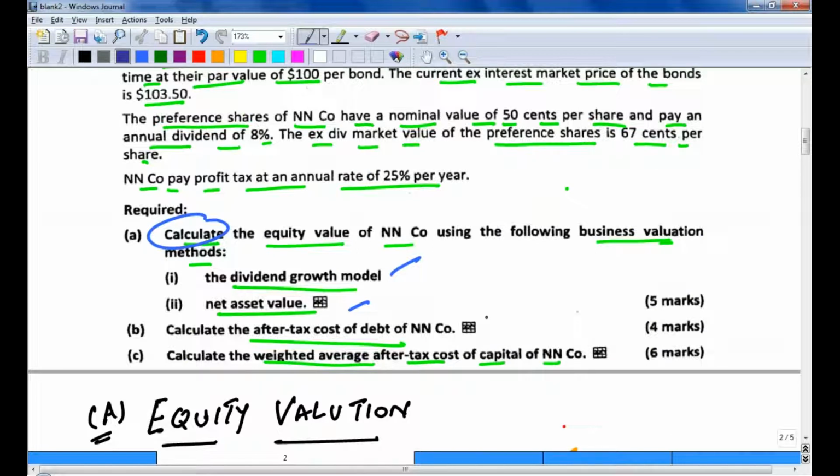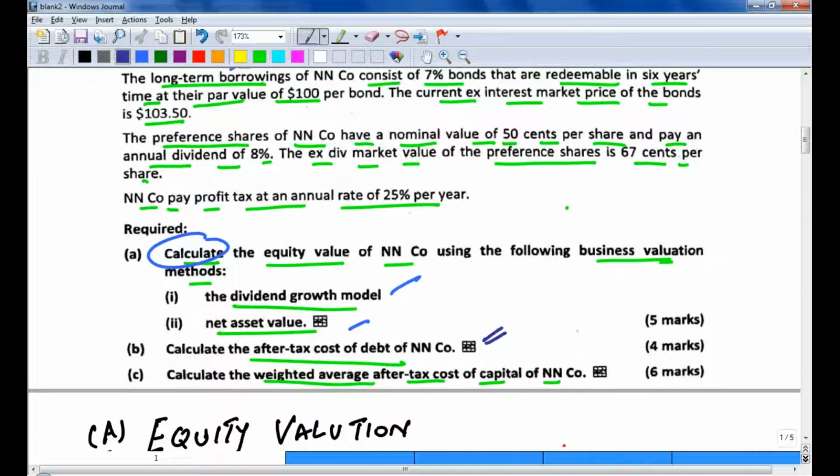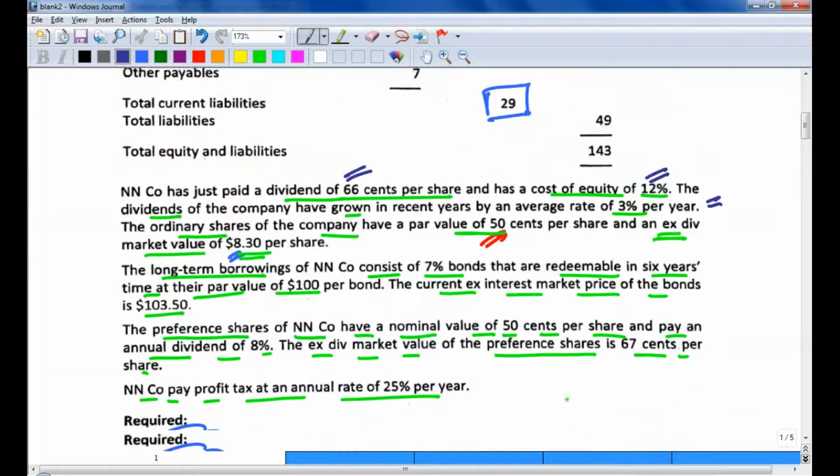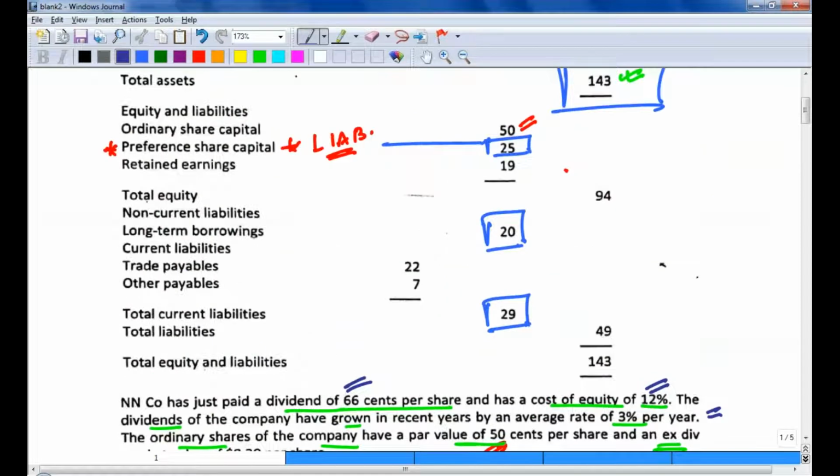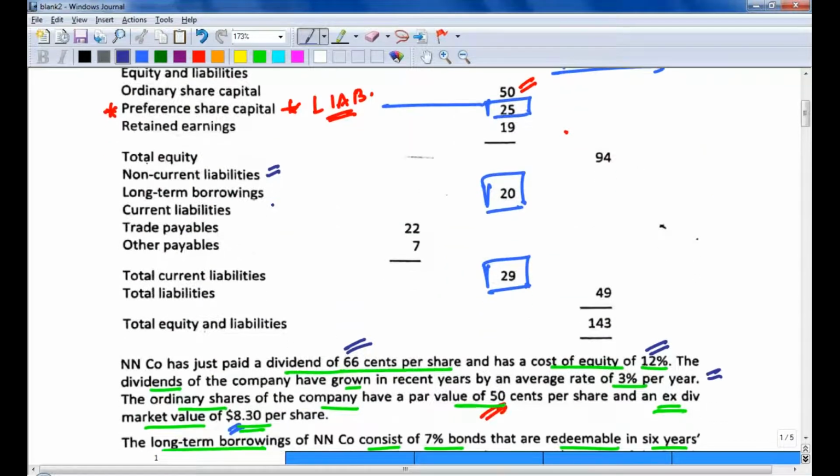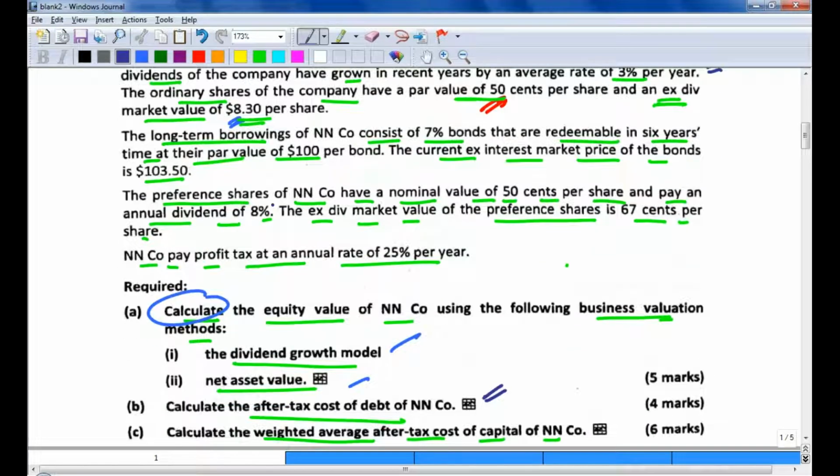Now calculate the B part, after-tax KD. There are two debts here, preference shares and non-current liability. Non-current liability mentions long-term borrowings, 7% bonds redeemable in 6 years, par value 100, market price of bonds 103.